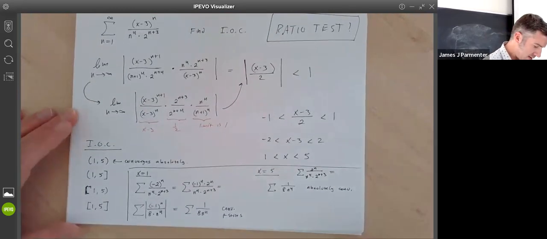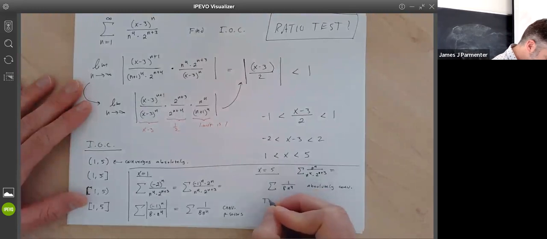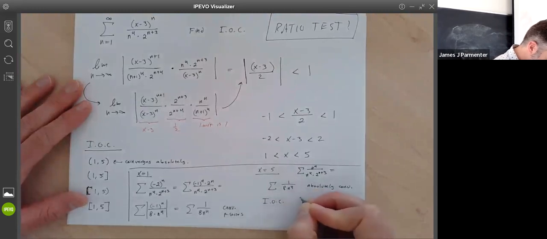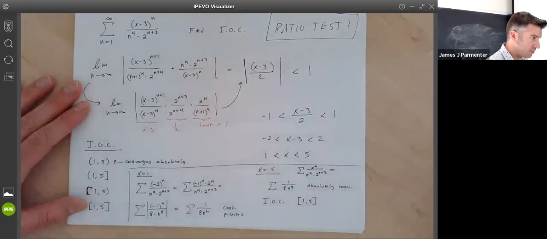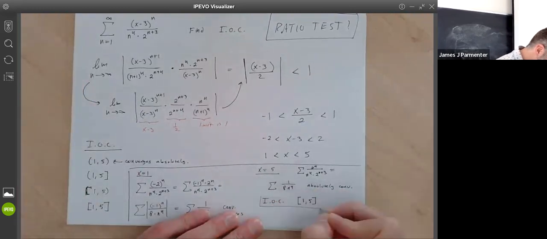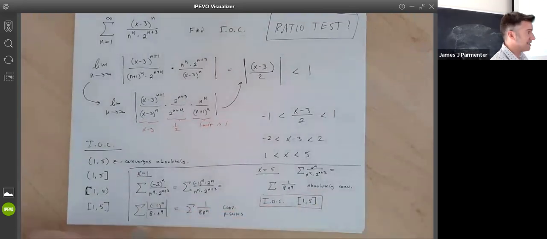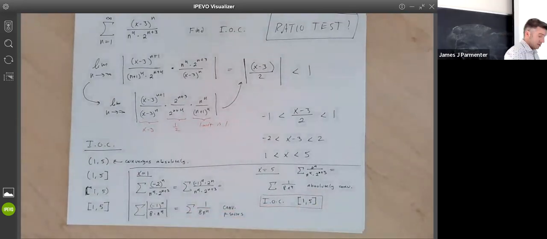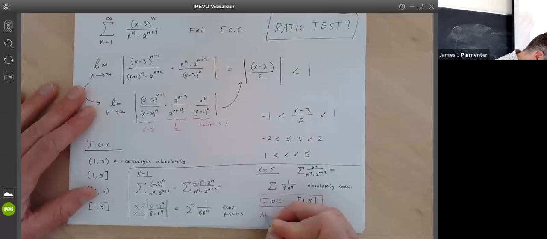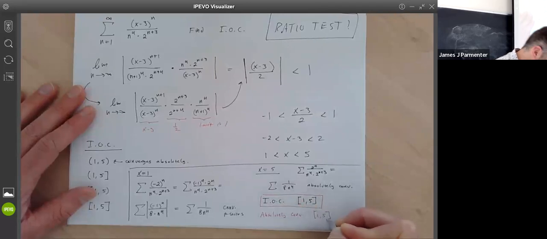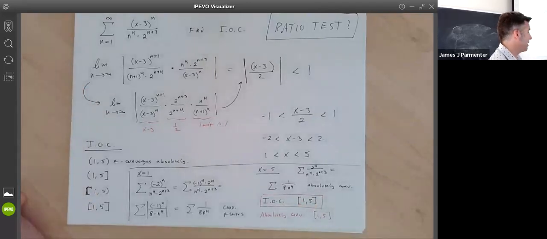So we could say that for this series, the interval of convergence is bracket 1 to bracket 5. And I suppose we would also say that's the interval of absolute convergence. It also absolutely converges on the same interval. It doesn't conditionally converge anywhere.